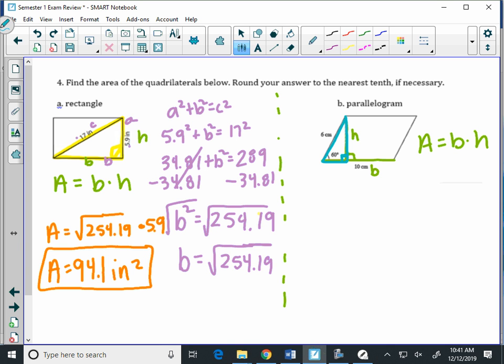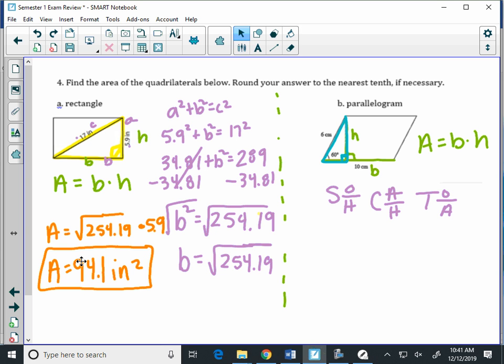In order to use the Pythagorean theorem, you have to know at least two sides. We only know one. So that means we have to use trig. That means we have to use SOHCAHTOA. And if it's helpful, draw the triangle outside.